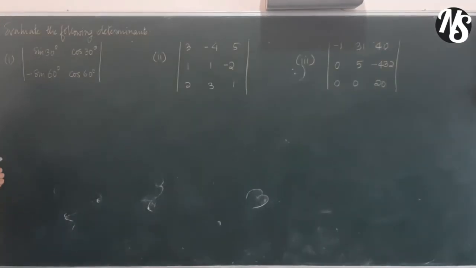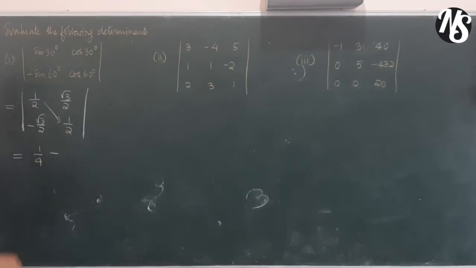Now let's evaluate these determinants. Let's observe this very carefully. Although you are quite confident now, sometimes you may end up making mistakes. So sine 30 degree, what is the value of sine 30 degree? It's 1 by 2. Cos 30 degree is root 3 by 2. Sine 60 is root 3 by 2, so that's why it is minus root 3 by 2. Cos 60 degree is half. So I told you the direction: first multiply this, so you get half into half is 1 by 4.